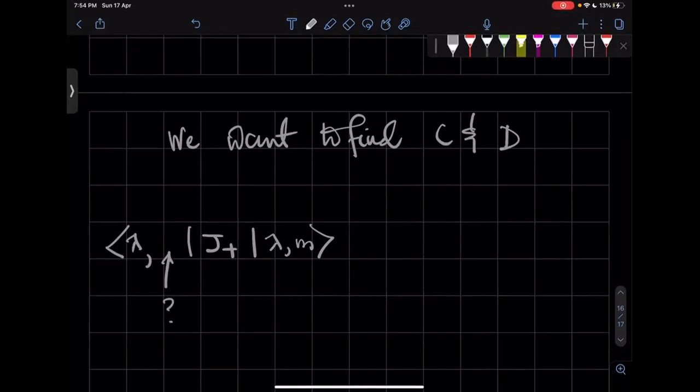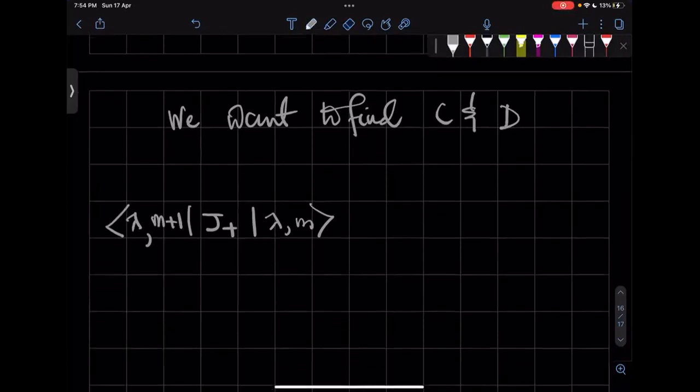I want this to be non-zero. m plus 1, right? So I want that to be m plus 1, and this is what I want to compute.